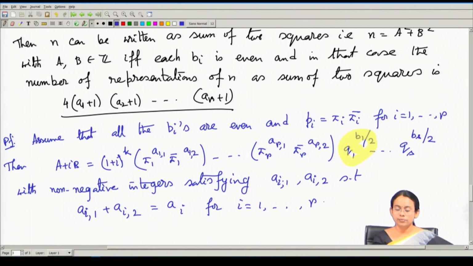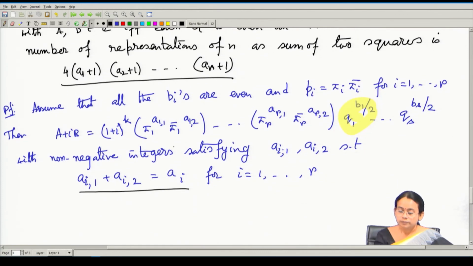So I have this representation where a_i1 and a_i2 are non-negative integers which satisfy this equality. I can sometimes choose a_11 to be equal to 0 and pi 1 bar to be equal to a1, so all the combinations I can take. How many choices will I have? I will have a_i plus 1 many choices.